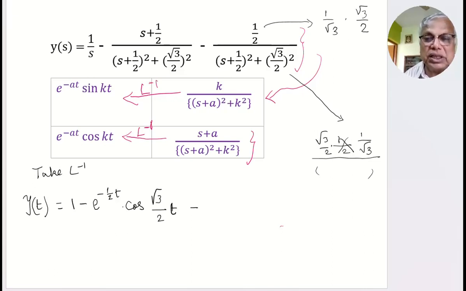So root 3 by 2 is k, same as this. So you have an extra constant 1 by root 3.